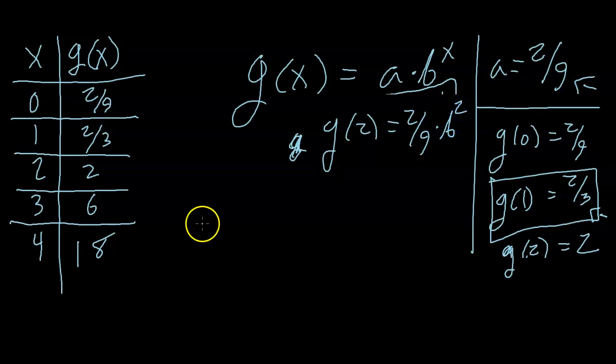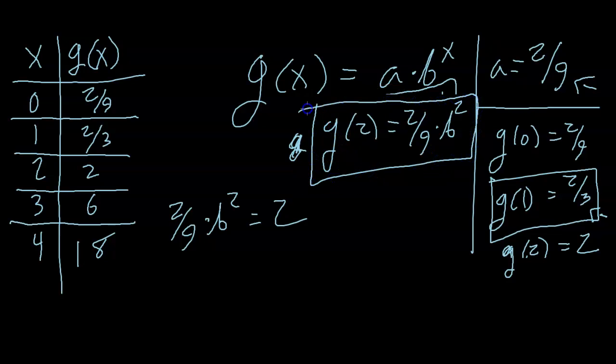So let's set 2 over 9 times b to the second power equal to positive 2, because g of 2 equals 2/9 times b squared, and we also know that g of 2 equals positive 2. So we can put that information together and set up the equation we have here, okay?